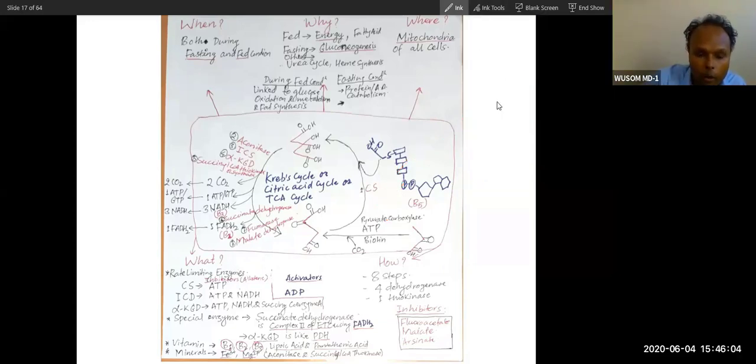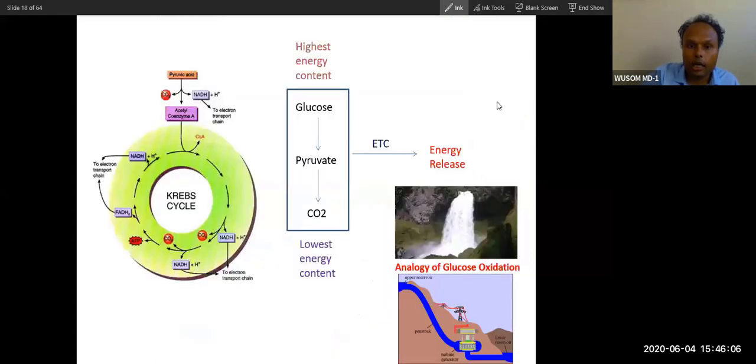Now let me talk about the steps of this Krebs cycle. What you see is a representation of the whole process of conversion of glucose to carbon dioxide, which I have compared with this. From the fall, potential energy will be converted into kinetic energy, and kinetic energy can be tapped by a rotating turbine.